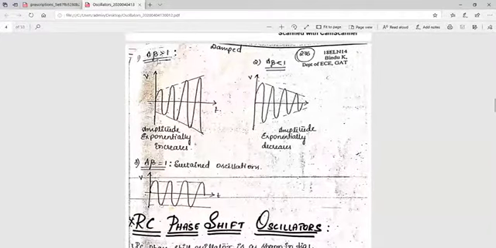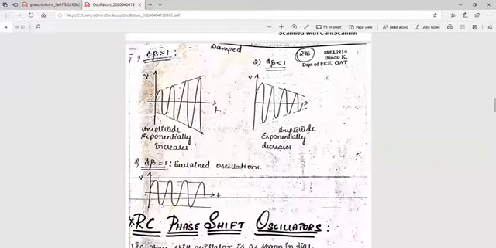That is, when A beta is greater than 1, my amplitude will increase exponentially. Similarly, if A beta is lesser than 1, the oscillations will start decreasing exponentially. Clear? These two kinds of oscillations are called damped oscillations, where they either exponentially increase or exponentially decrease.